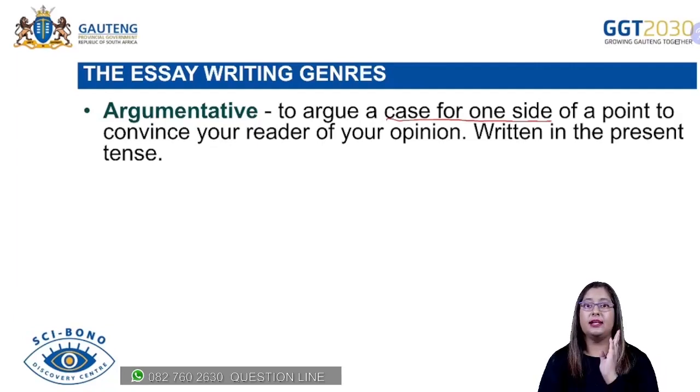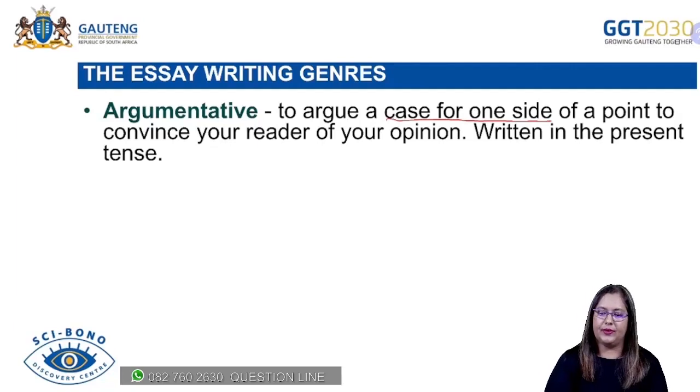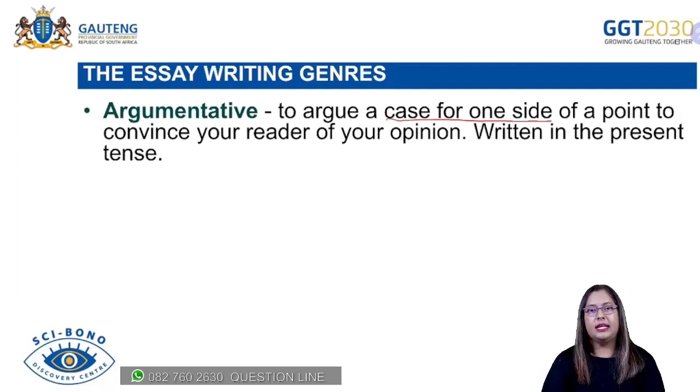And you're going to explain this is why you believe it to be so. And this is written in the present tense. Okay? So a nice one to use when you are writing, and one that you really can maximize the opportunities given to you to work with.